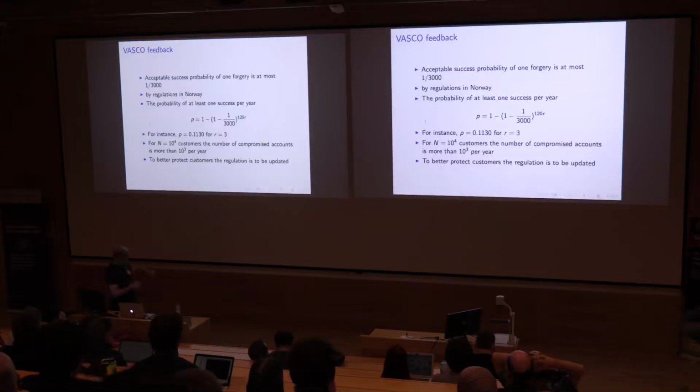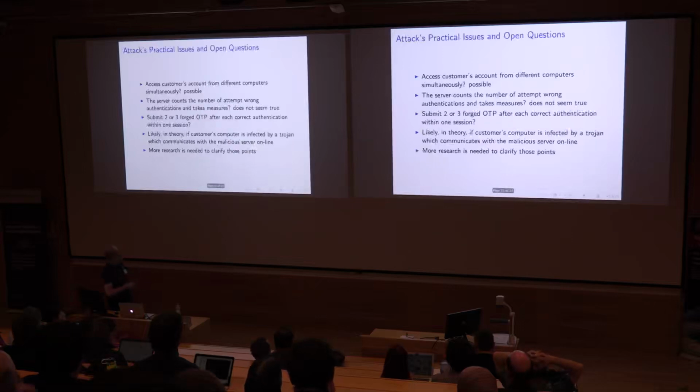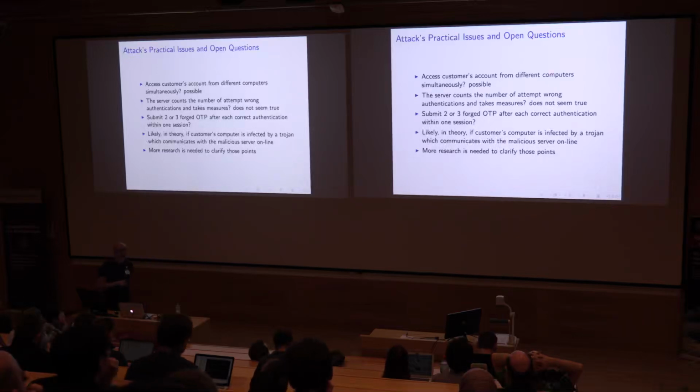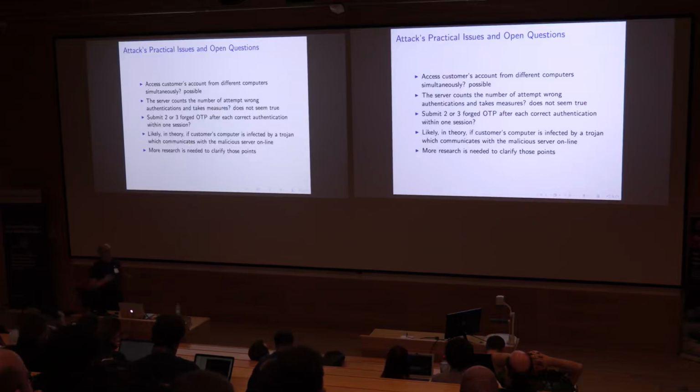to better protect customers. There are several practical issues and open questions related to this attack. Some of them are quite easy, and I was able to check them with my computer and my account, but some of them are more complicated to answer. The first is that this kind of attack requires access to a customer's account from different computers simultaneously.